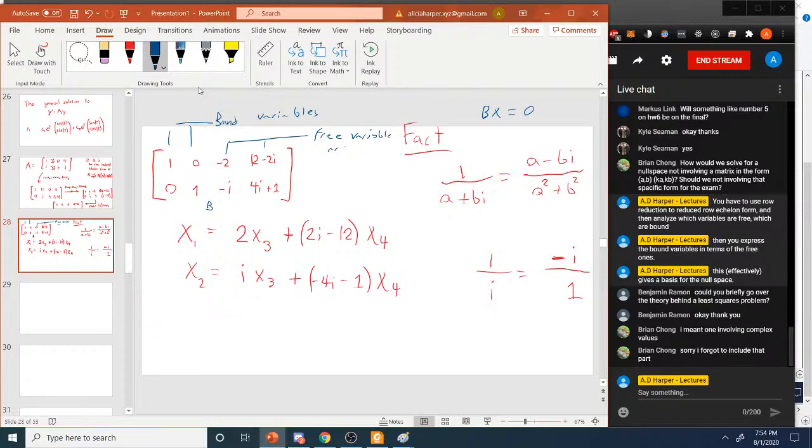And I'm able to express the bound variables in terms of the free variables to solve the equation Bx equals 0.